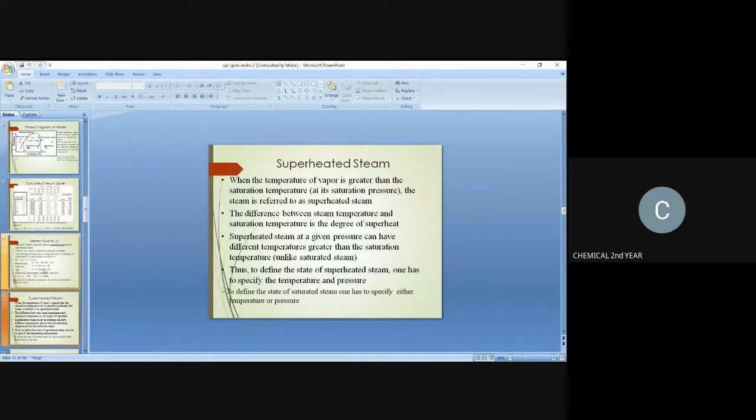Superheated steam at a given pressure can have different temperatures greater than the saturation temperature, unlike saturated steam. Thus, to define a state of superheated steam, one has to specify the temperature and pressure. To determine the state of saturated steam, one has to specify either temperature or pressure.